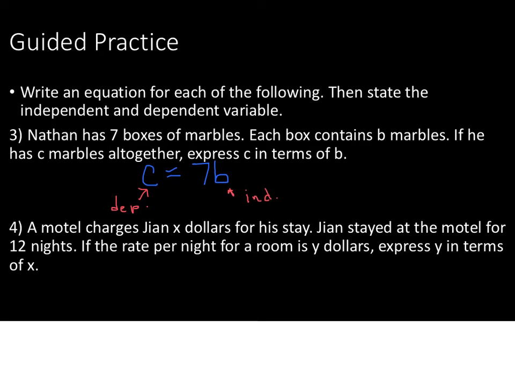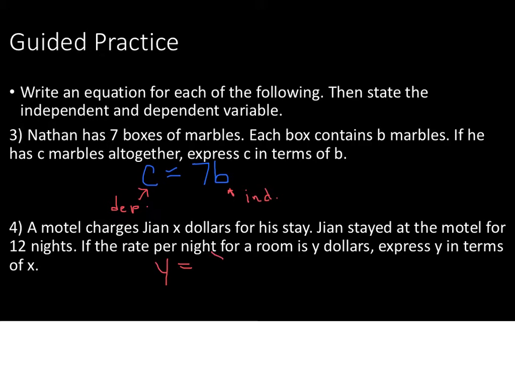All right, last one. It says a motel charges John X dollars for his stay. John stayed at the motel for 12 nights. If the rate per night for a room is Y dollars, express Y in terms of X. So again, I know that Y is the rate per night for a room, and they charged him X dollars for 12 nights.